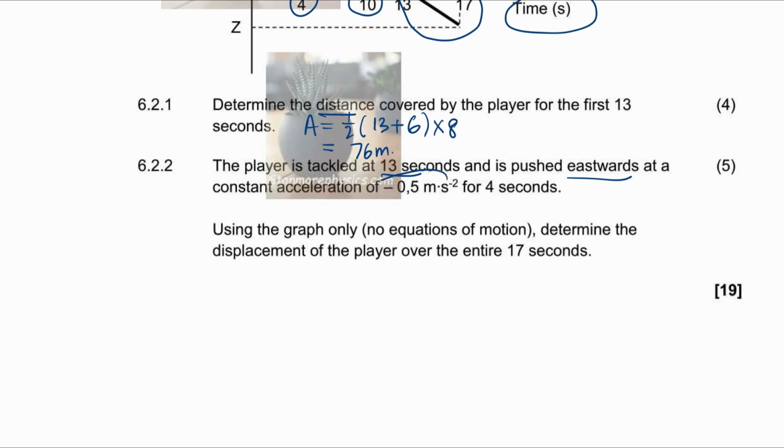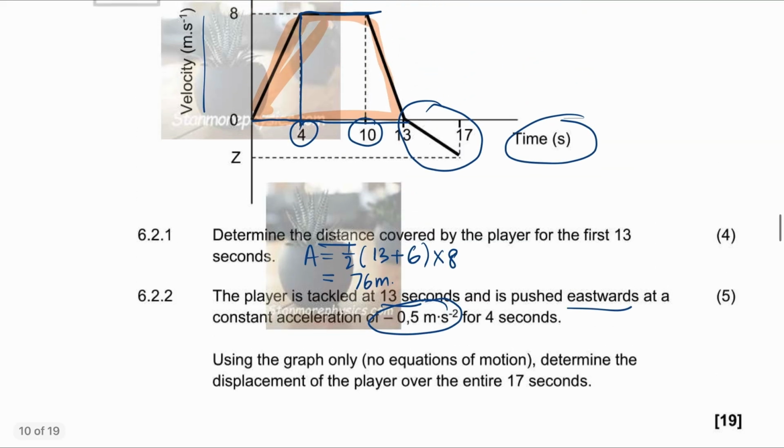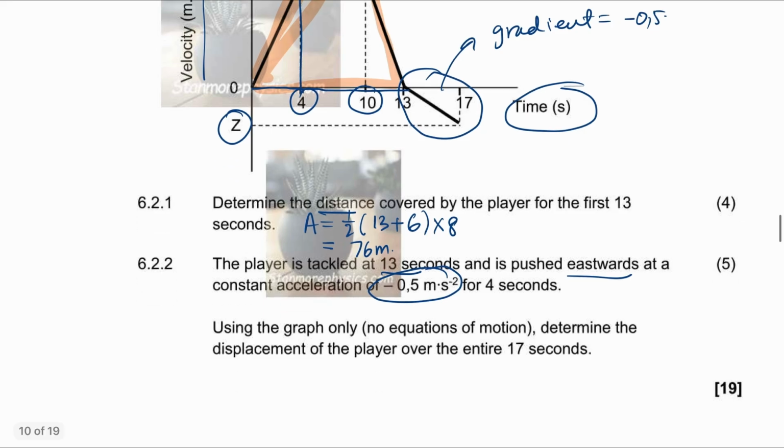So they've given us the acceleration. And when you have a velocity time graph, acceleration is the gradient. So the gradient of this line is equal to minus 0.5. Now that we know that, we can work out the value for z. And if we work out the value for z, we can then work out the displacement.